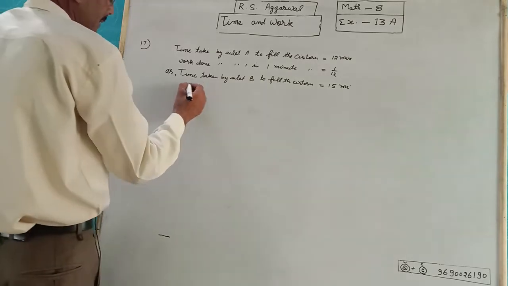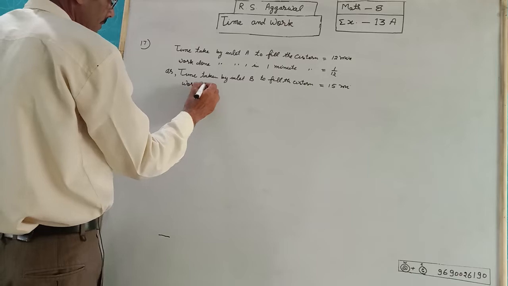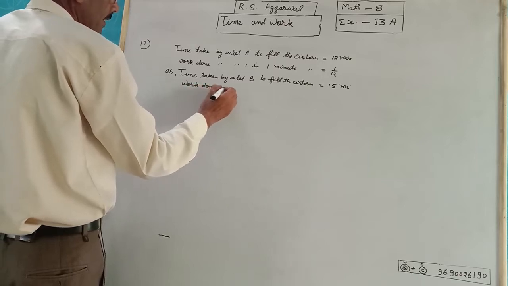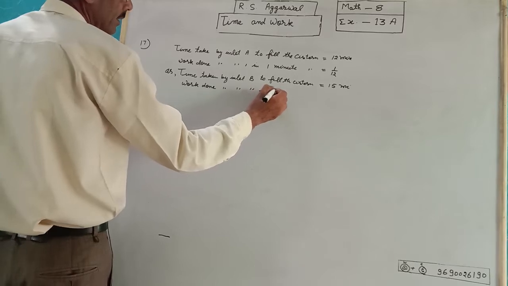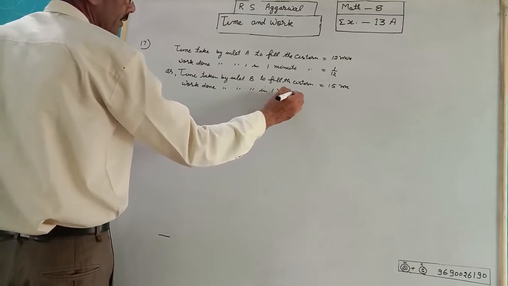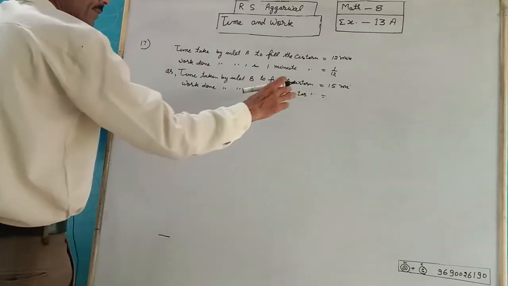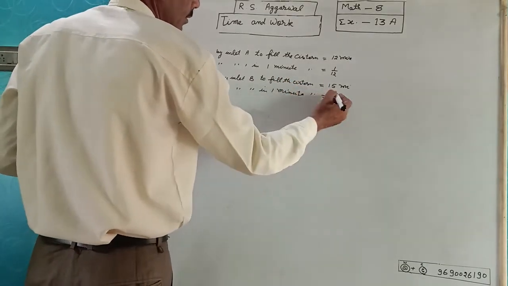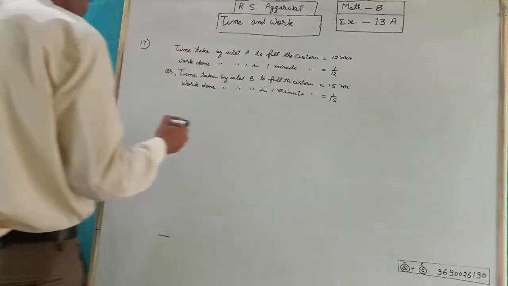Work done by inlet B in 1 minute is equal to 1/15.